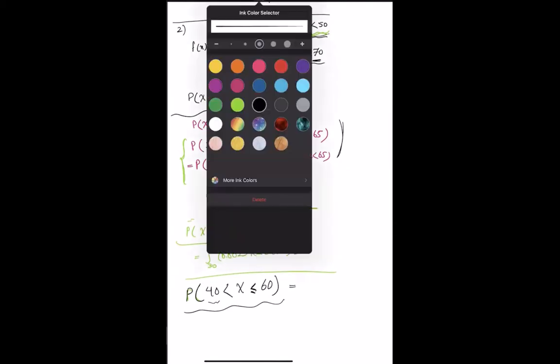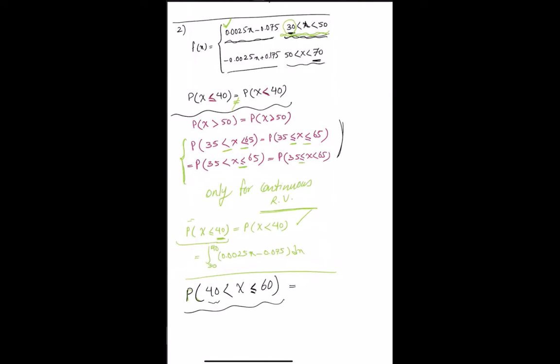However, here pay attention that 40 starts in the first range for x, and then 60 is here in the second range.